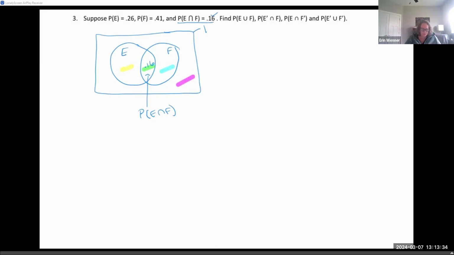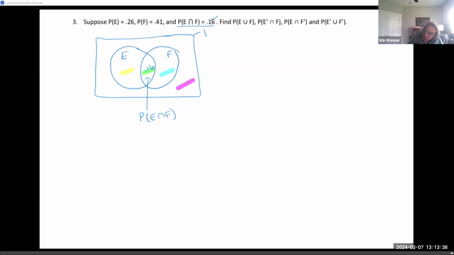When we think about the probability of E, the probability of E is this whole circle. So the probability of E is really our yellow space plus our green space, right? It's the sum of those 2 spaces together. Well, we know that the probability is 0.26.